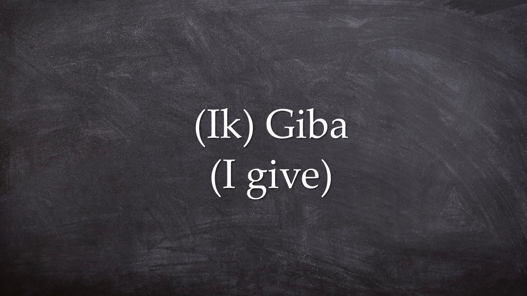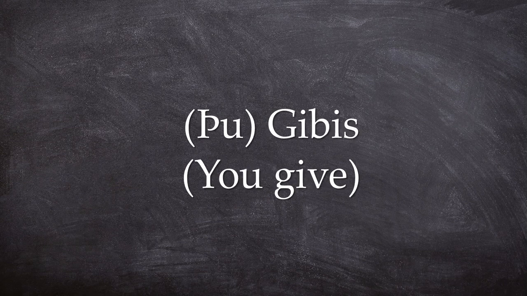The conjugation for the present tense is giba, and I put the pronouns into parentheses so you can associate them with that conjugation. So giba means I give, and you give would be gibis.